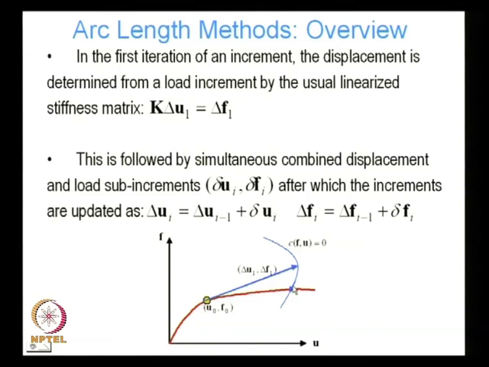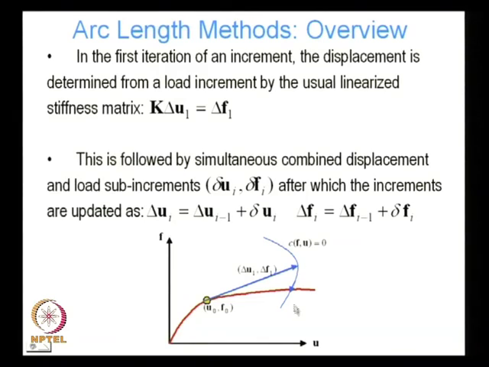In the first iteration of an increment, the displacement is determined from a load increment by the usual linearized stiffness matrix. That is how I determine my delta u1. I know delta f1, I know the tangent, so I can calculate delta u1. This is followed by simultaneous combined displacement and load sub increments.